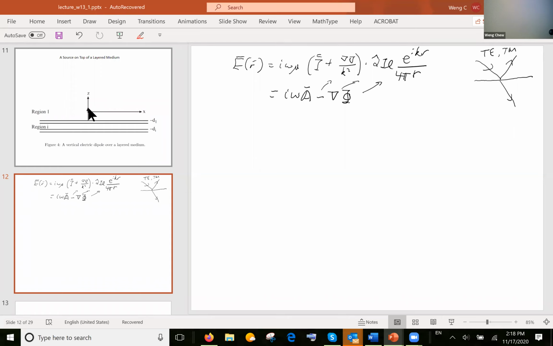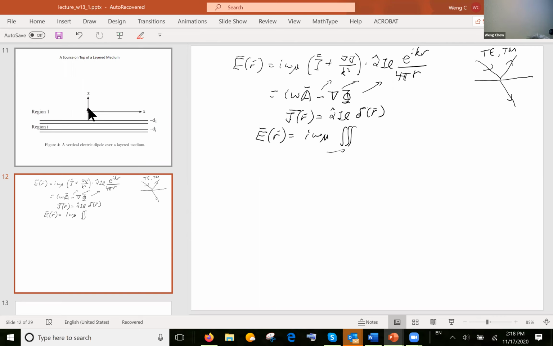So E is given by that, where the current in this problem is just an arbitrarily polarized Hertzian dipole located at the origin. And I think we can derive the above quite easily using this expression if you still don't feel comfortable about it.